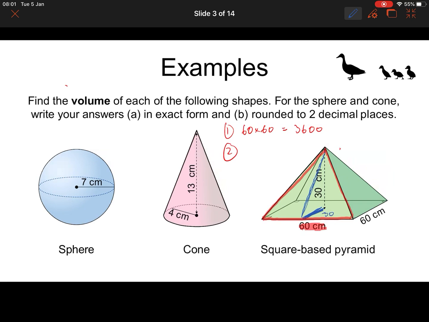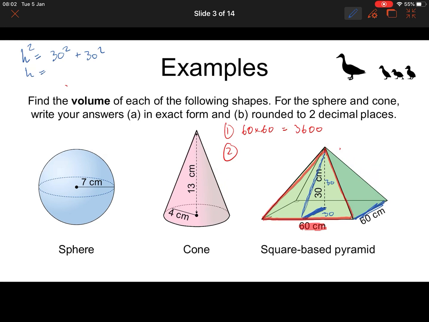This length here will be 30. And this length we're already told is 30. This will be 30 because it's half of the 60 over here. So the height squared will be 30 squared plus 30 squared.